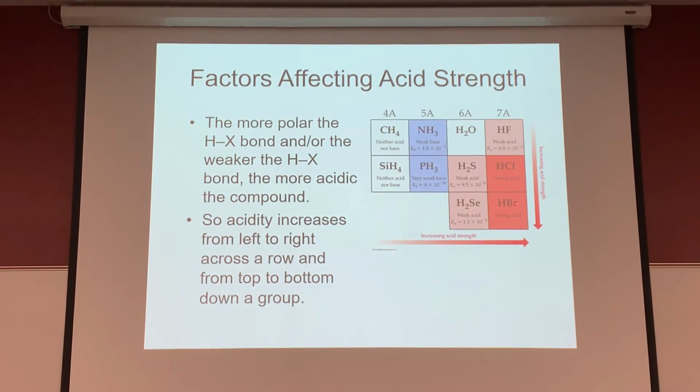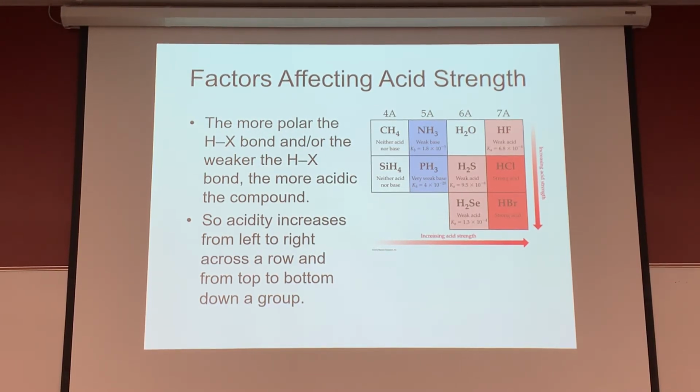HBr. You've got 35 electrons on the bromine down here to deal with, but you've only got 9 on the fluorine. So in terms of the polarity, this one up here is going to be more polar because of that extra batch of electrons, stronger acid. HF is actually a weak acid.